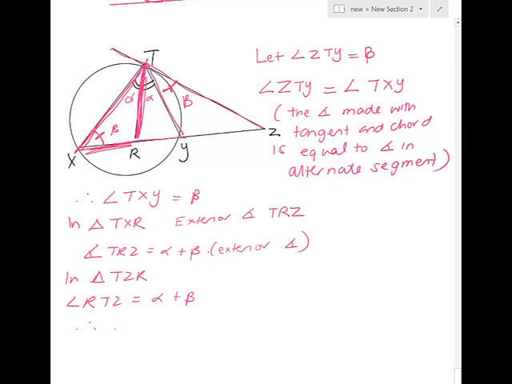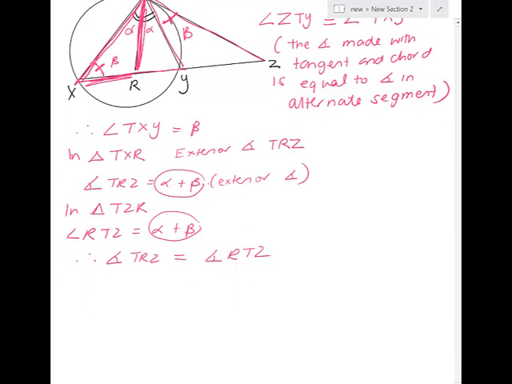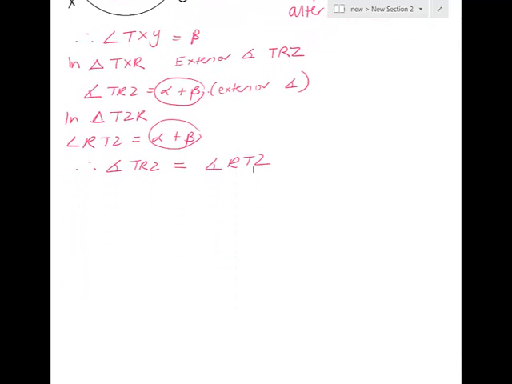Therefore, since both of these angles are equal to alpha plus beta, we can say that TRZ is equal to angle RTZ. And since we've proven that these two angles are equal, we can say therefore triangle TRZ is an isosceles triangle.